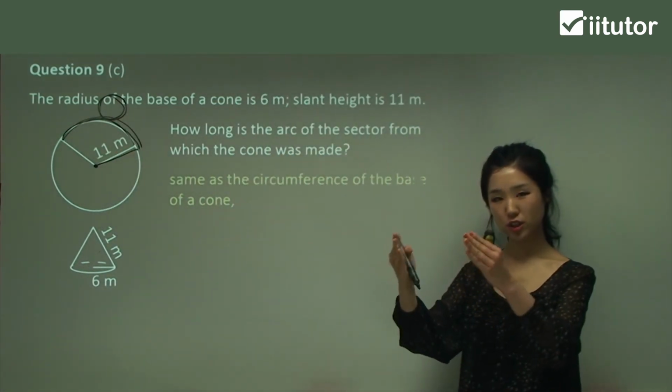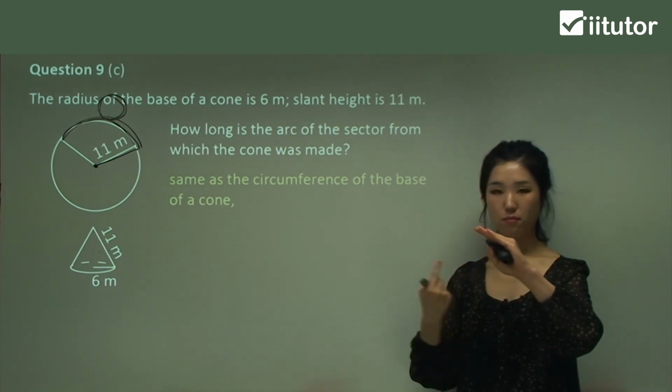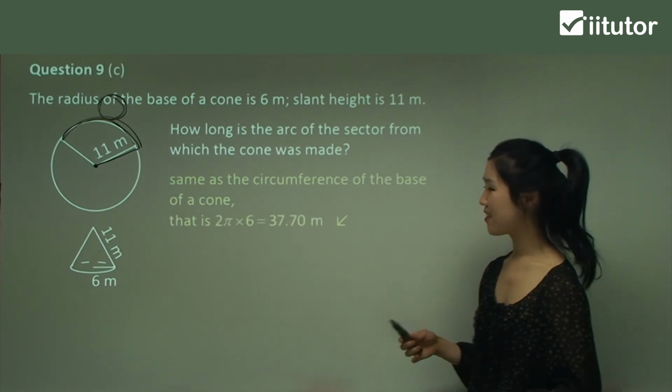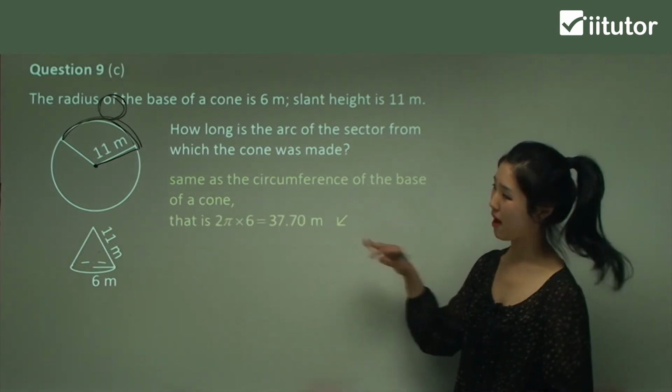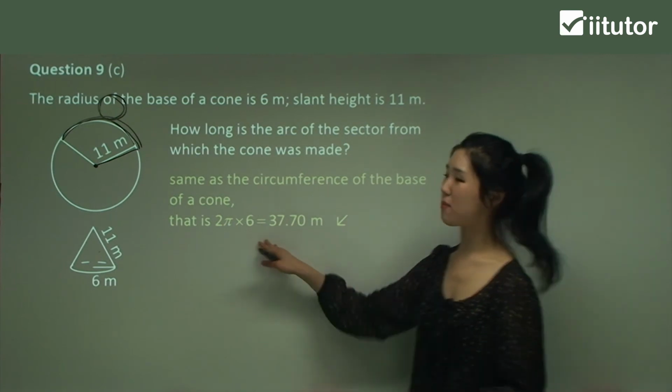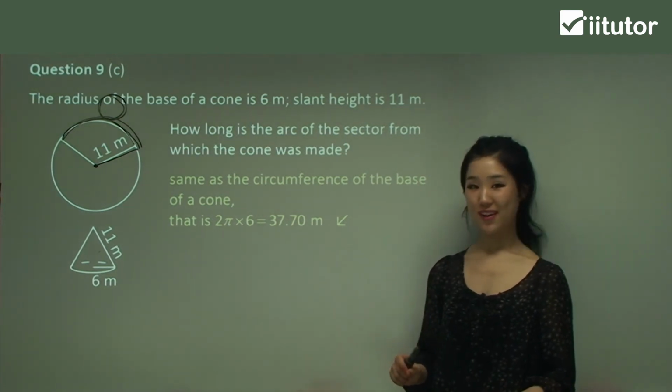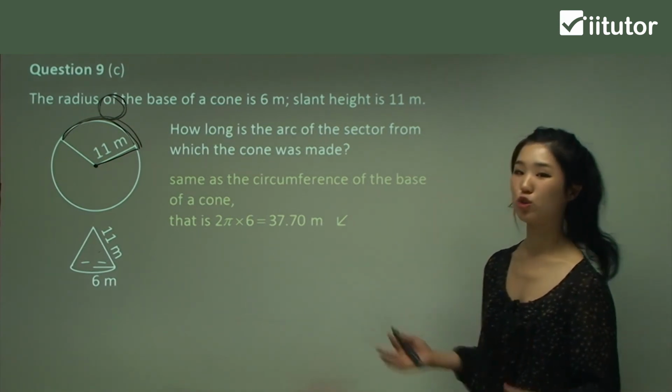Because if we close the cone, that distance will be the circumference of that circle, isn't it? So it's simply going to be the same answer as part B. All right, 2 pi r, so 37.70, where the radius is 6. I hope you understand why it's identical to part B.